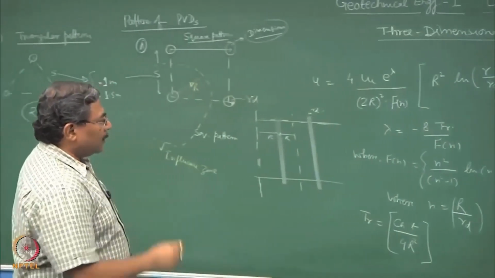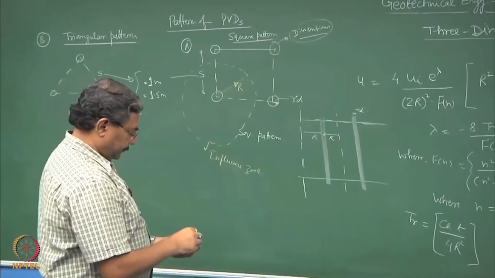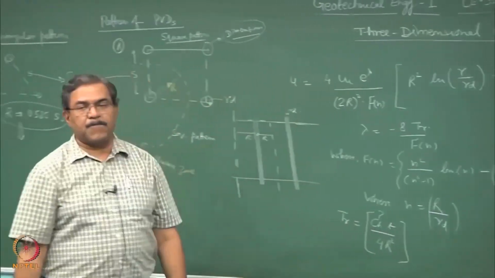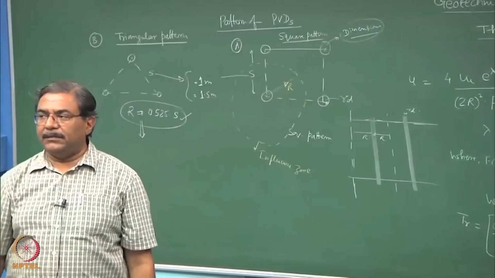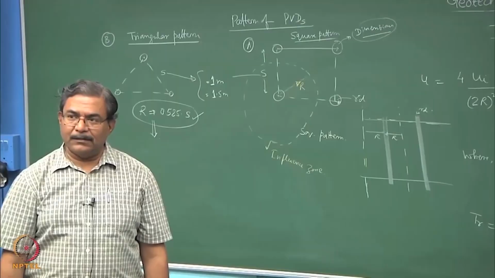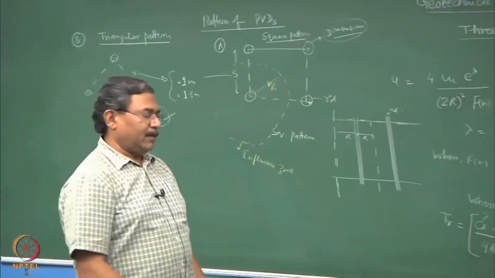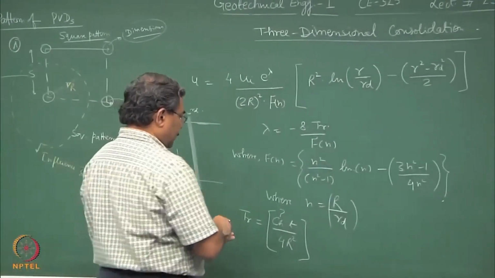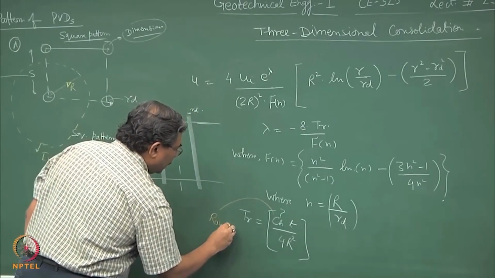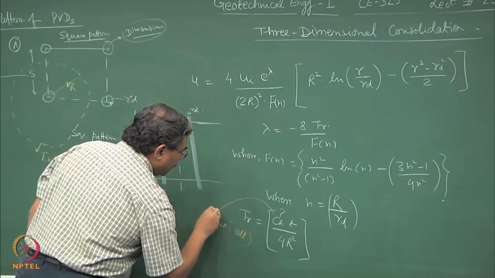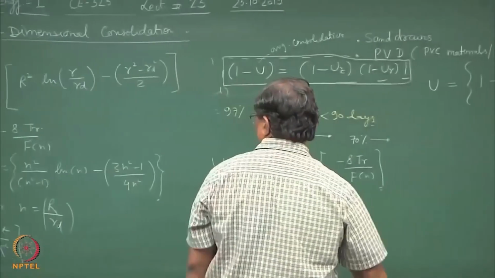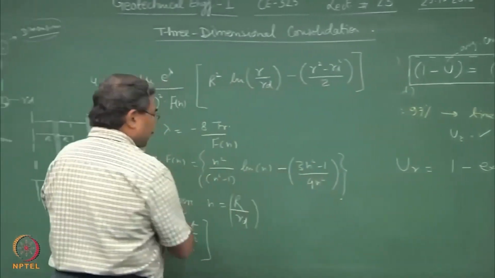The big question is how to obtain the Ch. How would you do it? There is something known as the Rowe cell. Now the Rowe cell is used to obtain the Ch value.